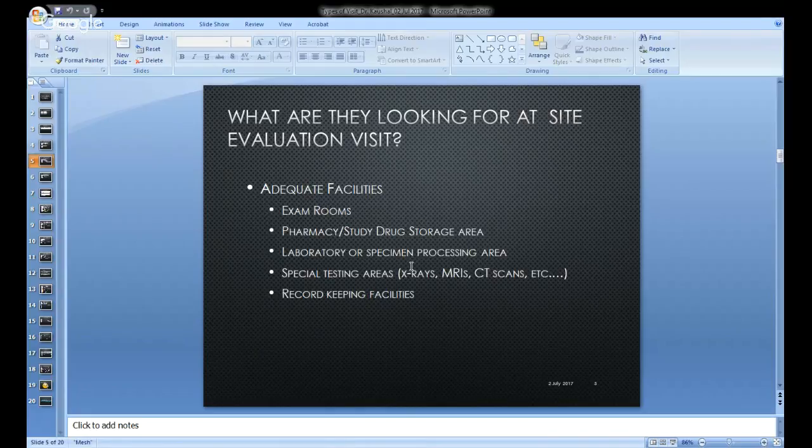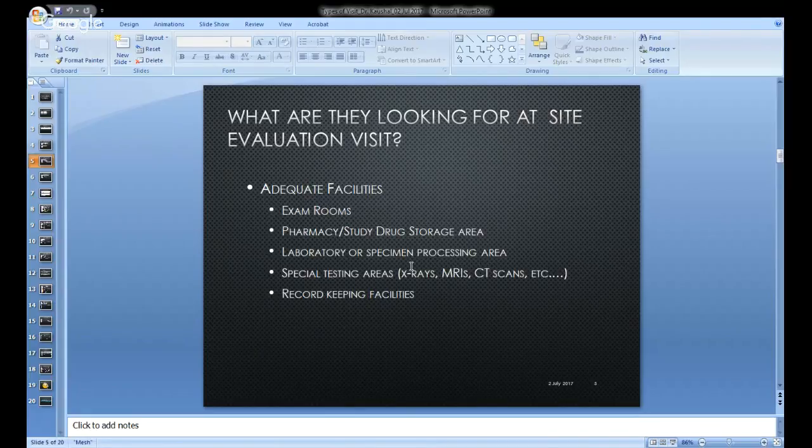These laboratories may not only be required for processing the samples, but also for managing your serious adverse events. At a point of time where a serious adverse event happens, you do not have sufficient time for sending the samples across to the central laboratory. You need to run the particular sample then and there. So it's your nearby facility or your in-house facility that will be required.